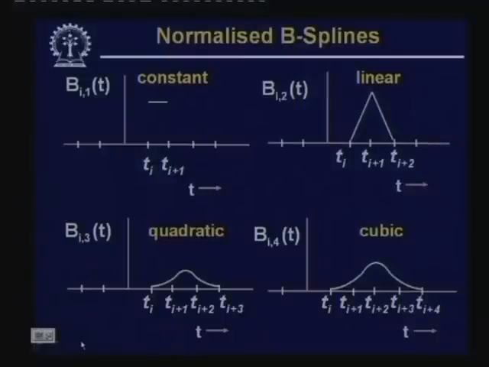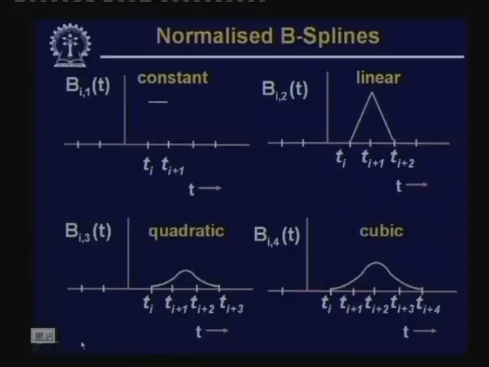And pictorially these different values of b i k, for k equal to 1 it is a constant, for b i 2, that is for k equal to 2, it is a linear function, for k equal to 3 b i 3 is a quadratic function, and for k equal to 4, that is b i 4, it is a cubic equation.